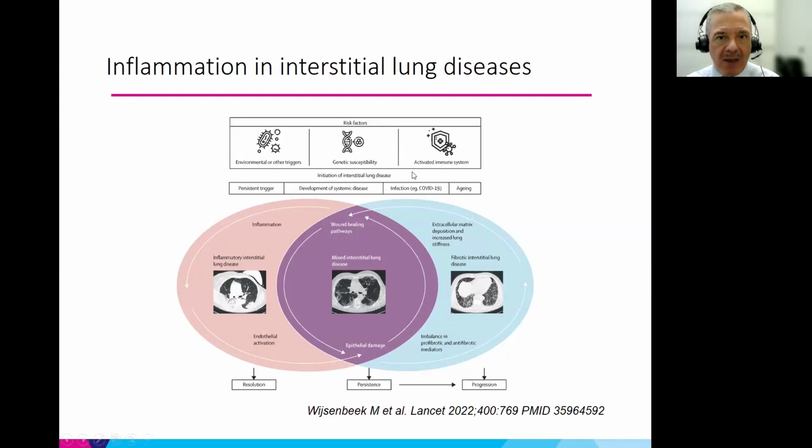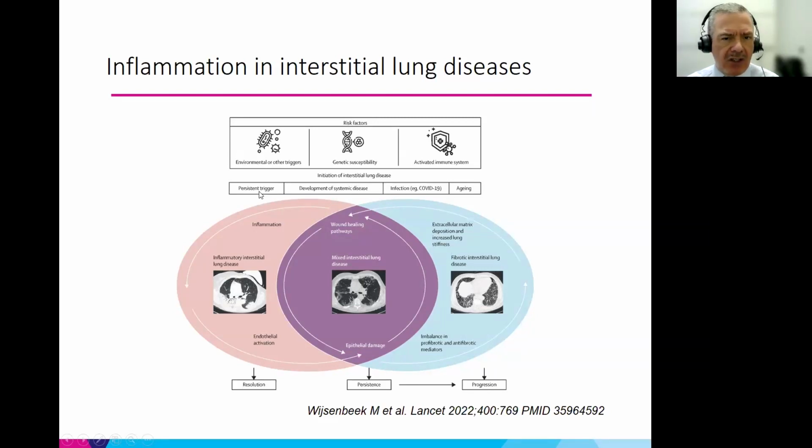So basically, I'm going to be citing this review by Marlies Vixenbeck and colleagues, very recently published in the Lancet. And basically, we have a number of environmental or other triggers, a genetic susceptibility, an activated immune system that initiates interstitial lung diseases.